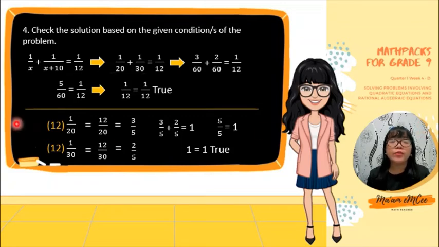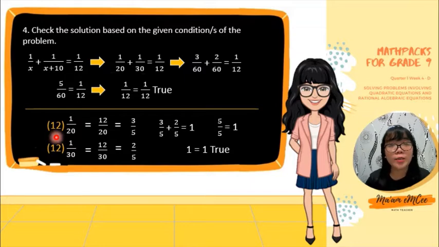Now, this is another way to check if your answers or your solutions are correct. Now, 12 here is the number of days it will take Jackson and Sibal to finish the job working together. Then, there is 1 over 20. Again, this is the rate of Jackson because it will take Jackson 20 days to finish the job working alone.